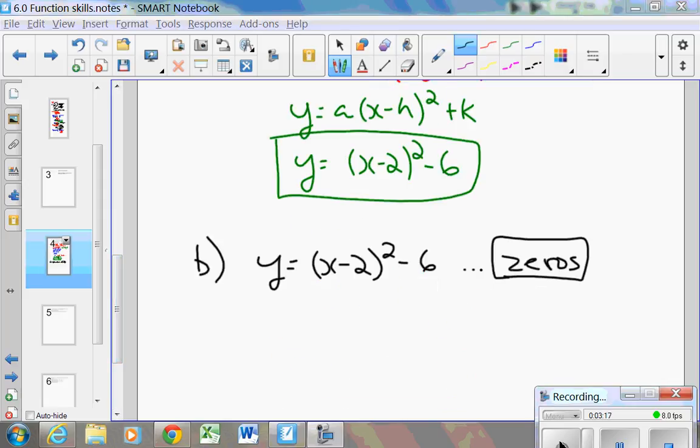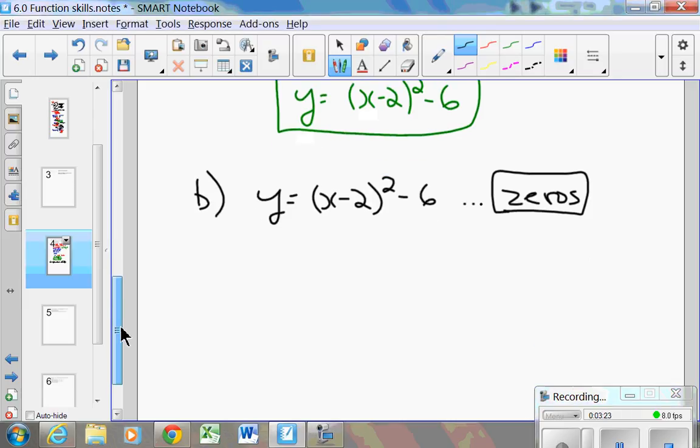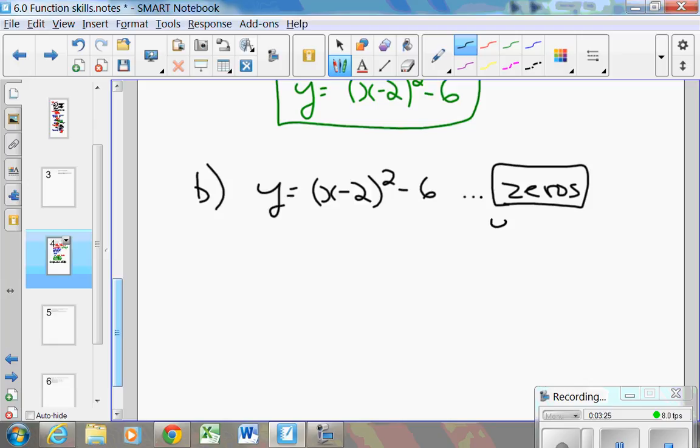Part B of our question: we're supposed to find the zeros of (x minus 2) squared minus 6. Everything that we've used to find zeros before, we started off with y equals ax squared plus bx plus c, and we made that equation equal to 0. So let's not deviate from that format. Let's take our expression and change forms for it.